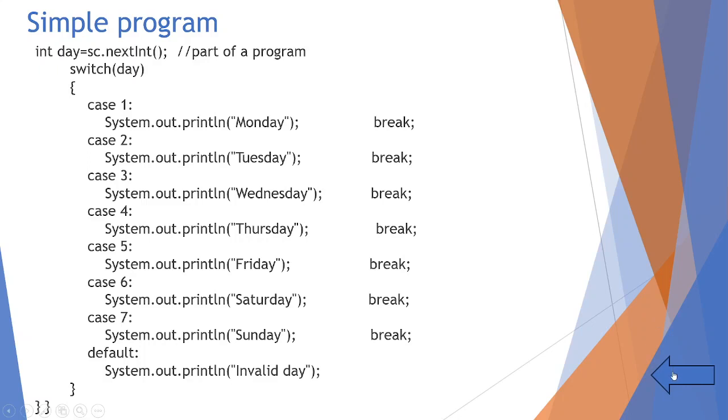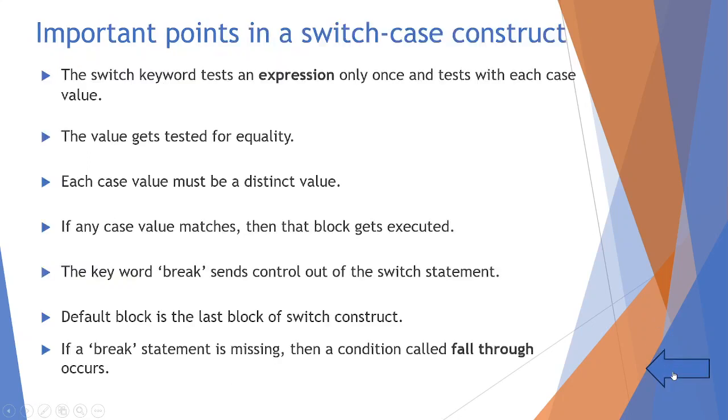Now let's understand each one here. The switch keyword tests an expression, first of all, only once, and tests with each case value. The value gets tested for equality only, no greater than, no less than. So in the previous program, day case 1 means day is equal to 1. Equality.